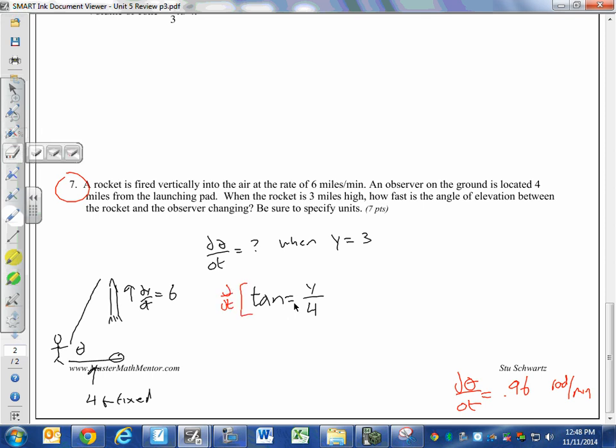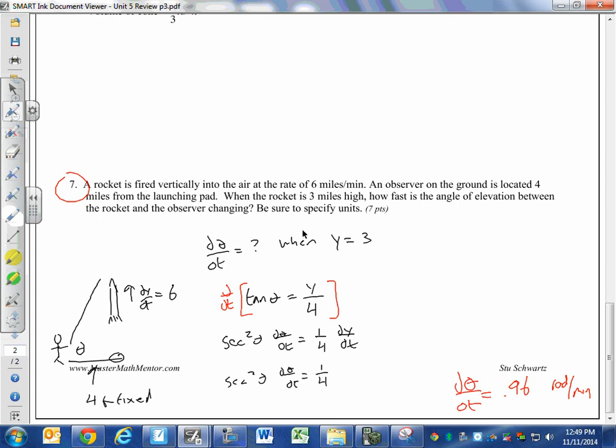This should be tangent of theta. Okay, so we get secant squared theta d theta dt is equal to, I'll put 1/4 dy dt. Plug in the information you know. I know that I'm trying to find d theta dt.